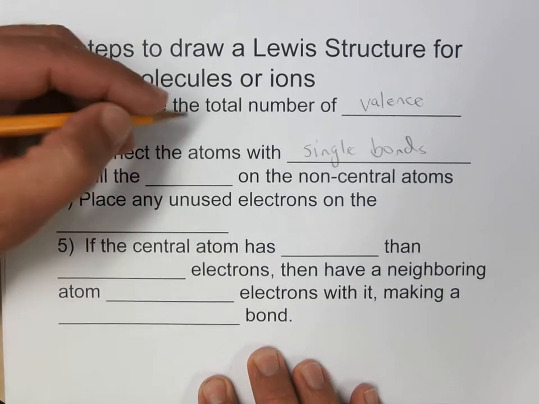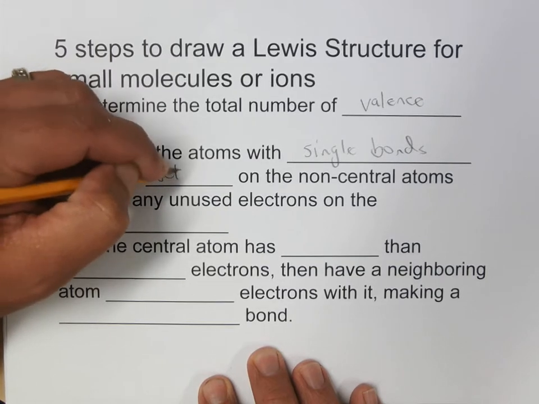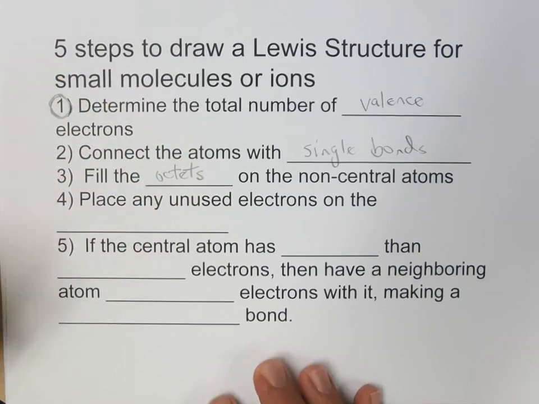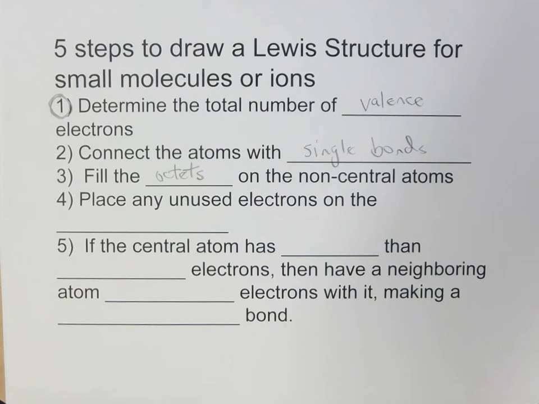Then we're going to fill the octets. A more technically accurate term might be fill the valences, but a lot of times that is too confusing for people. Fill the octets means that if you have a non-central atom other than hydrogen, you're going to want 8 electrons in its environment.